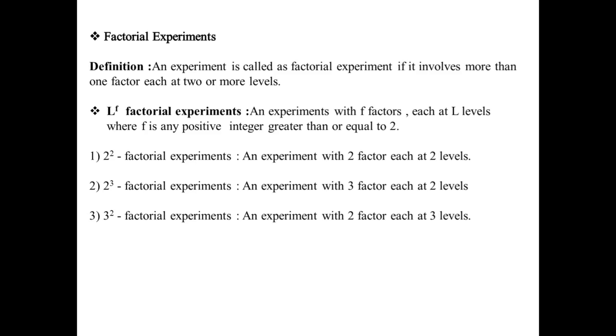Suppose we consider a fertilizer at low concentration, medium concentration and high concentration. Then we use the 3 square factorial experiment, in which we consider only 2 factors and each factor at 3 levels.